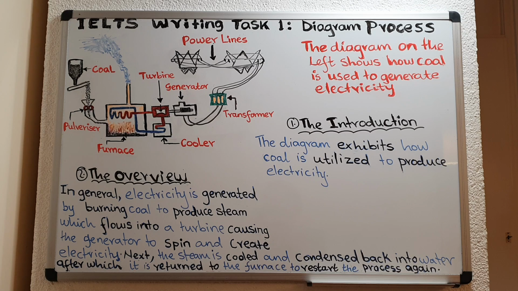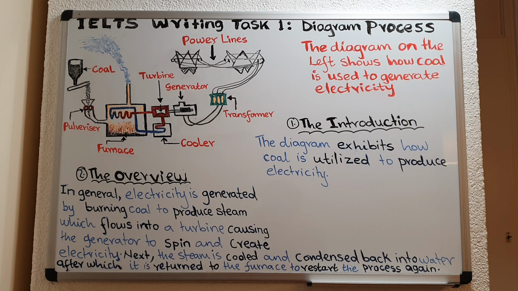Remember, we are aiming for a band 9. So we have to ensure that straight away we begin using band 9 vocabulary. The diagram exhibits, the diagram shows. How coal, we are not going to change that, we're just going to write how coal is utilized. Now, we are going to replace the word used with utilized.